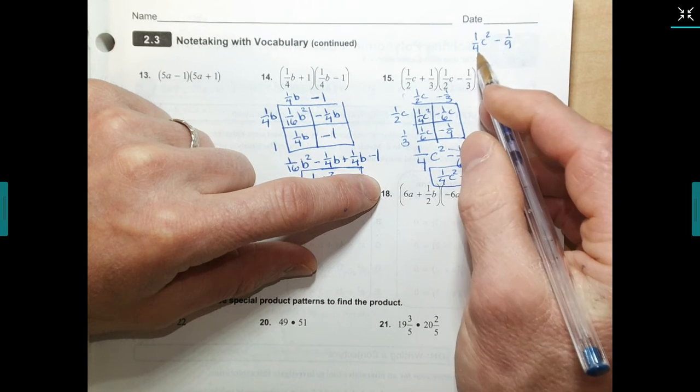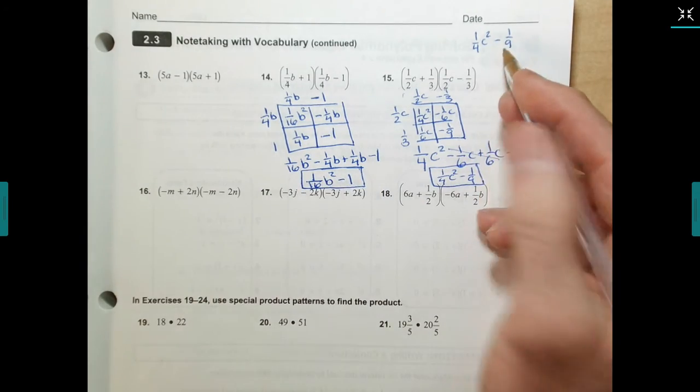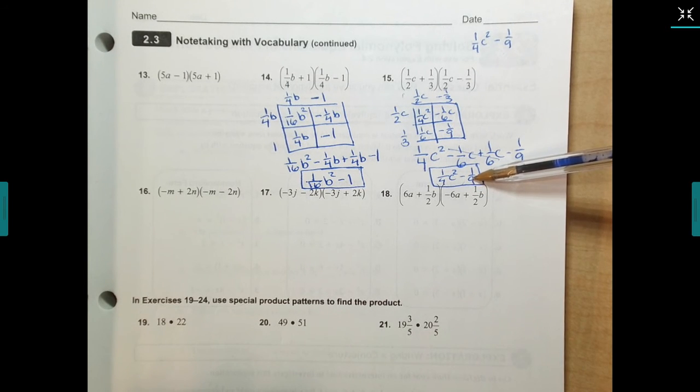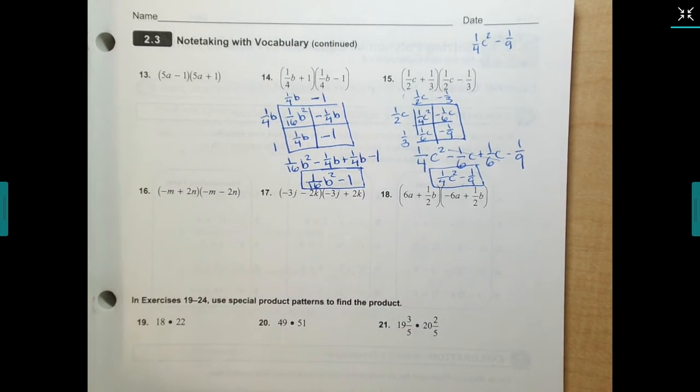Oh, look at that. It's what we predicted based on the pattern, and it worked out just like we said. So if you understand the pattern, there you go. So here we go. I'm going to look back here.